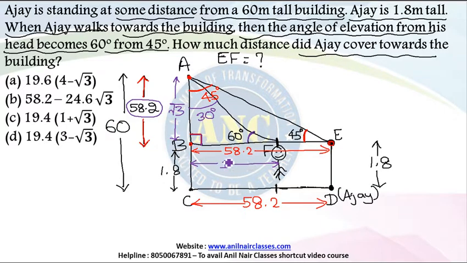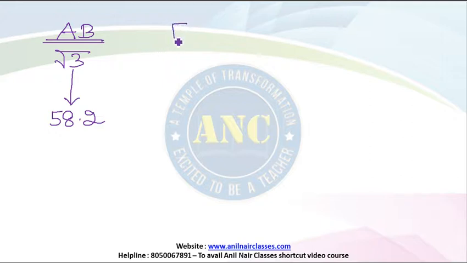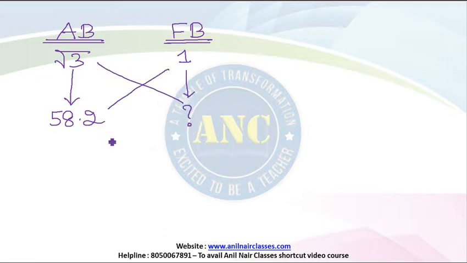Similarly, according to my assumption, the FB value is 1 unit. According to the question, how much? So this is cross multiplying again. Can I say that question mark into root 3 is equal to 1 into 58.2, or it is 58.2 divided by root 3.